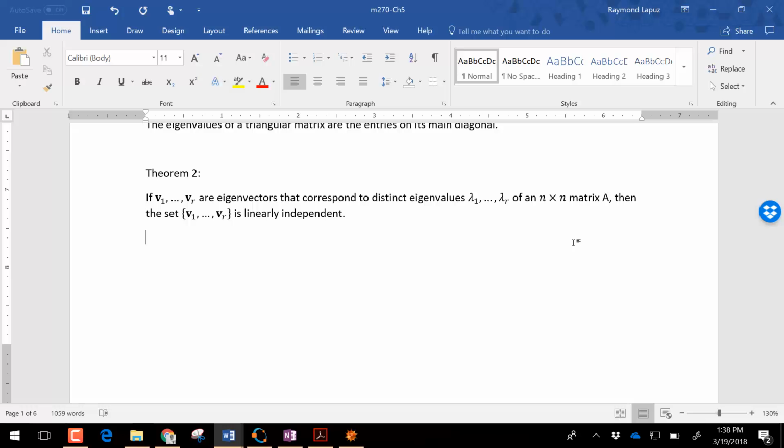Well, in an application that we're not planning to do in this class, we can solve systems of linear equations. Let me rephrase that. We can solve systems of linear differential equations.